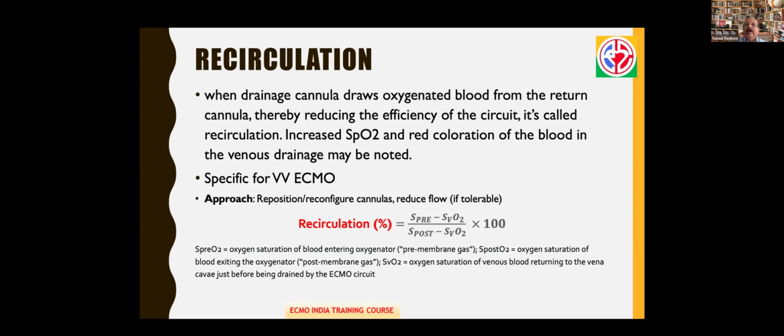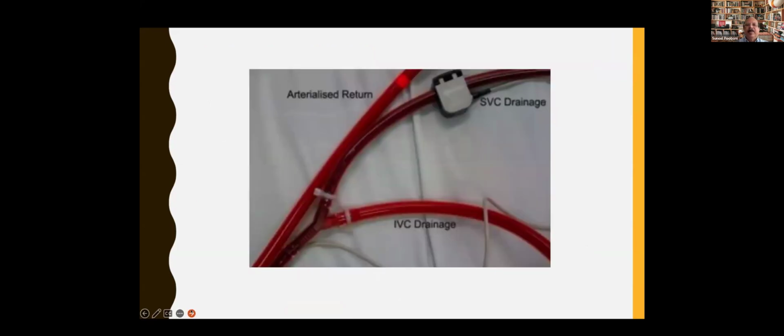It is calculated as the saturation of oxygen in the pre-oxygenator blood or pre-membrane gas minus SvO2, which is the venous blood saturation, divided by post-membrane gas saturation minus venous saturation, multiplied by 100. So that gives the percentage of blood in recirculation.